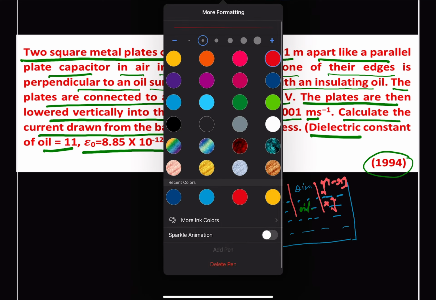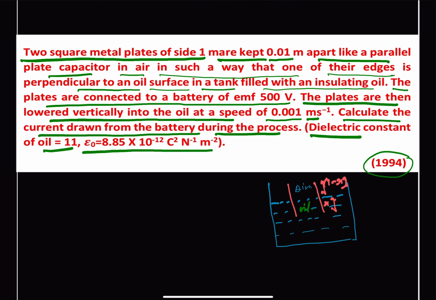So the single capacitor, once it is being lowered inside the oil, is going to behave like two capacitances, and the equivalent capacitance will be the capacitance because of the air plus the capacitance because of the oil. Basically they are in parallel connection. So first of all, let's find out the individual capacitances.